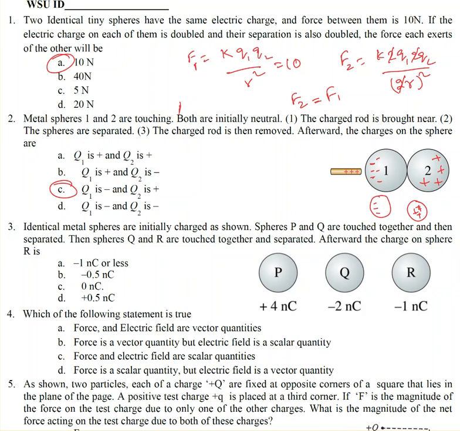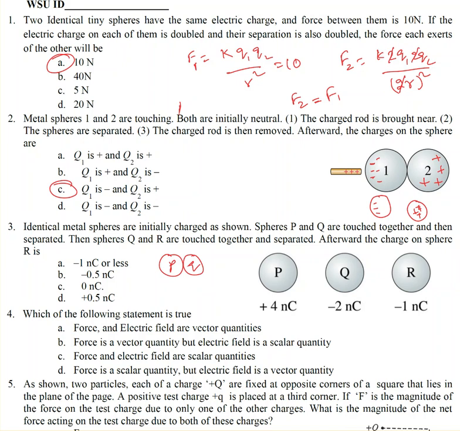Third question: identical metal spheres are initially charged as shown. Spheres P and Q are touched together and then separated. So here when we touch these together, P and Q, what happened? The total charge they have is plus 4 nanocoulombs and minus 2 nanocoulombs.